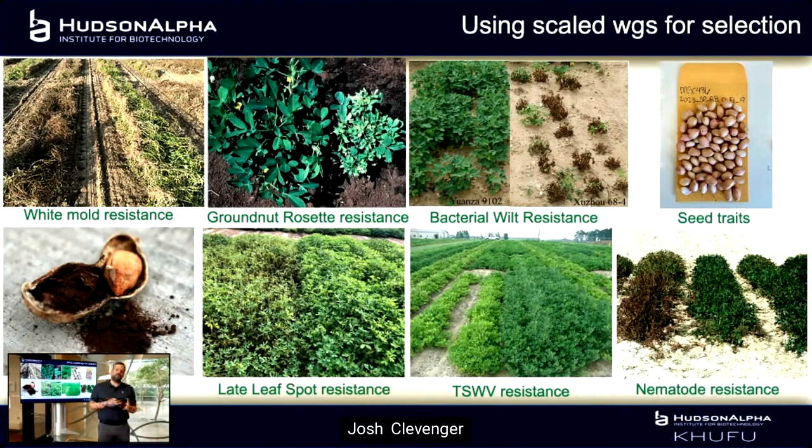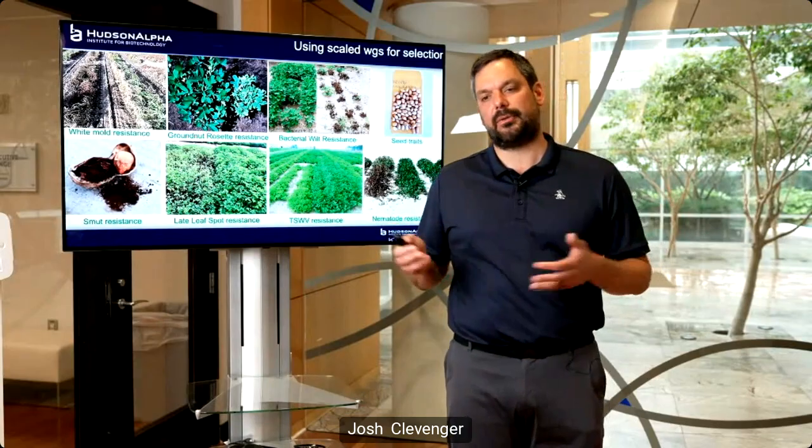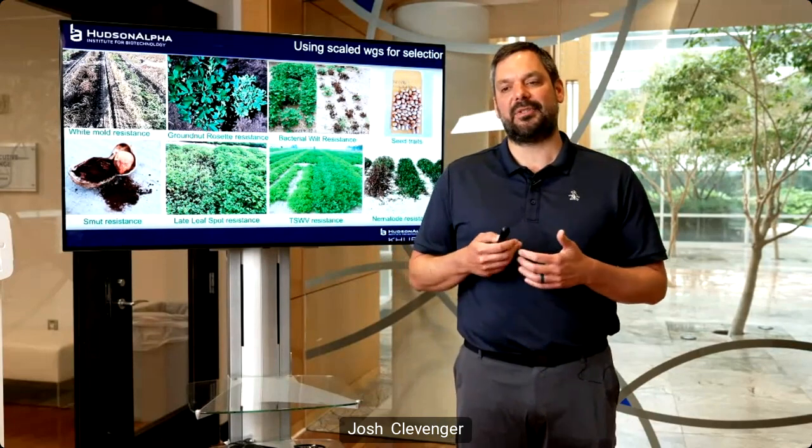And if we go back and think about this superpower that we've talked about, of this incredibly flexible, time efficient, resource efficient, cost efficient ability to do whole genome sequencing, you can start to craft an idea of how you might use that ability to make incredibly impactful selections in your program. So I've listed a bunch of peanut diseases, and also, of course, you might want to select for seed traits as well.